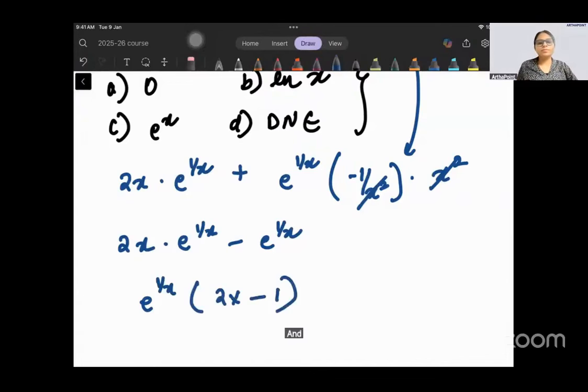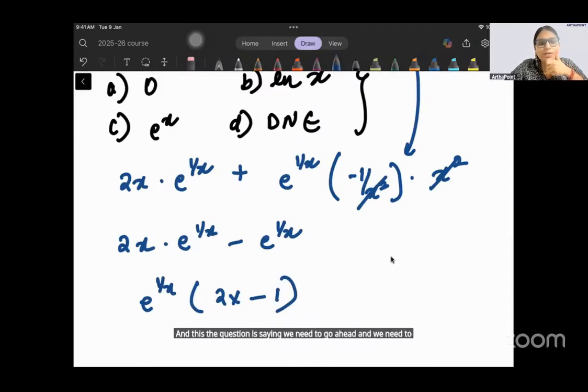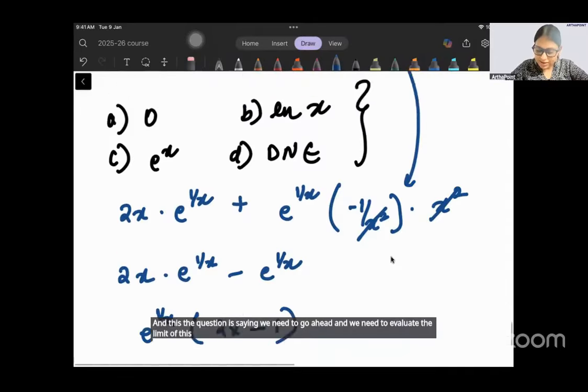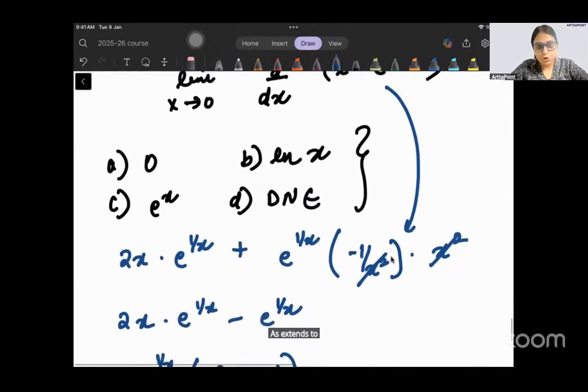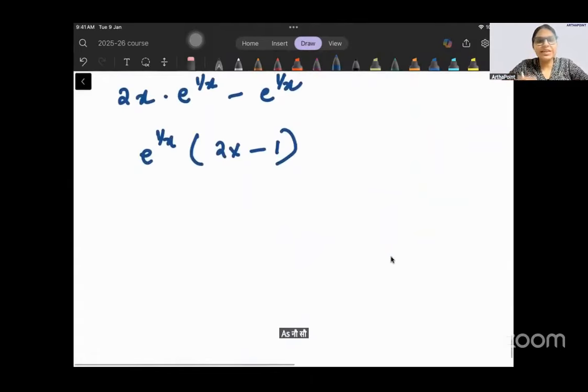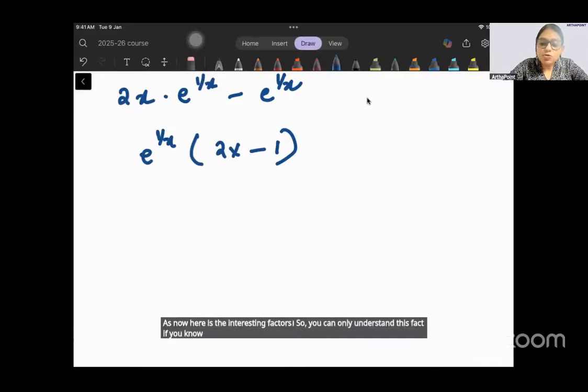Now, what's the question saying? The question is saying we need to evaluate the limit of this, as x tends to 0. Now, here is the interesting fact. You can only understand this fact if you know how to plot the e to the power x function.